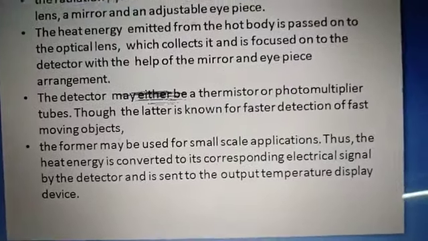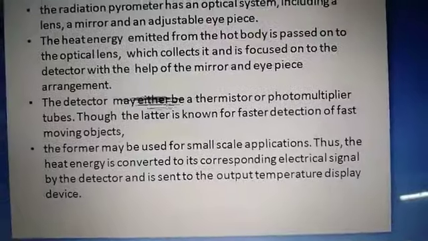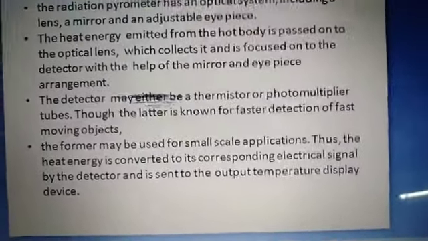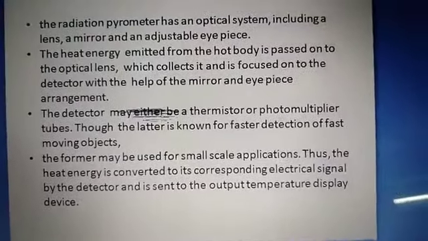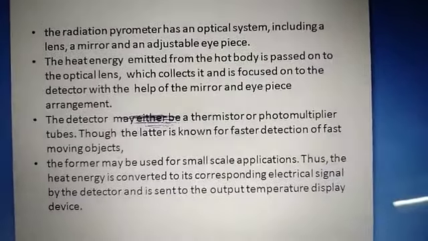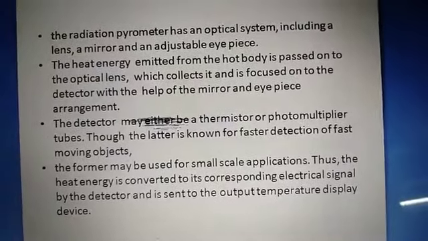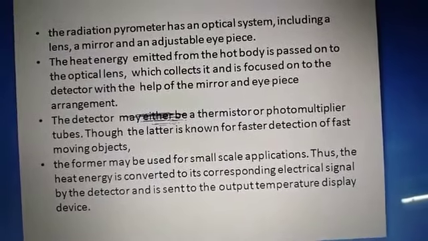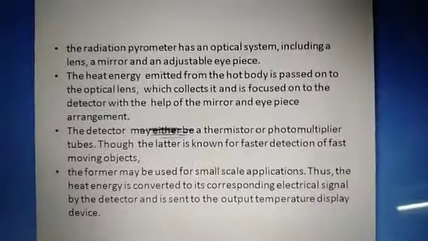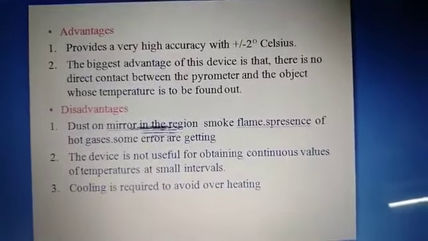Thus the heat energy is converted into the corresponding electrical signal by the detector and sent to the output temperature display devices. So the radiation pyrometer is a focal length system with different detectors, normally thermocouples, thermistors or photomultipliers.